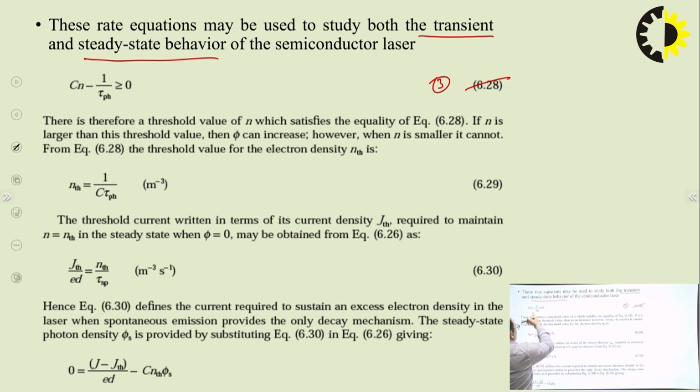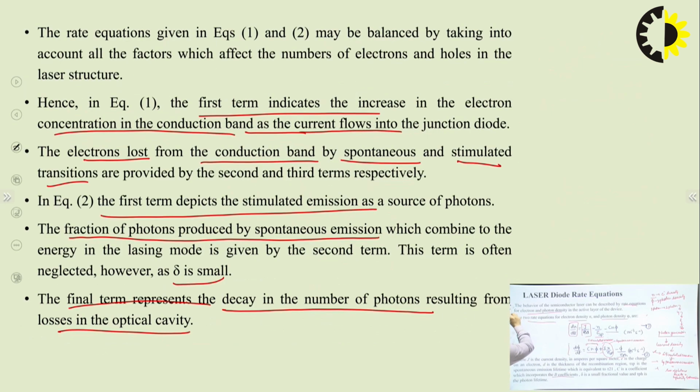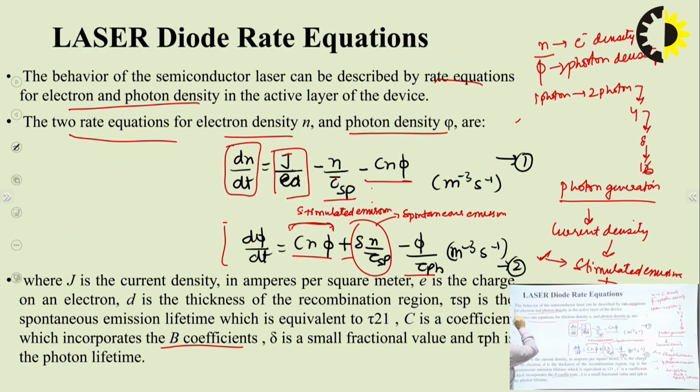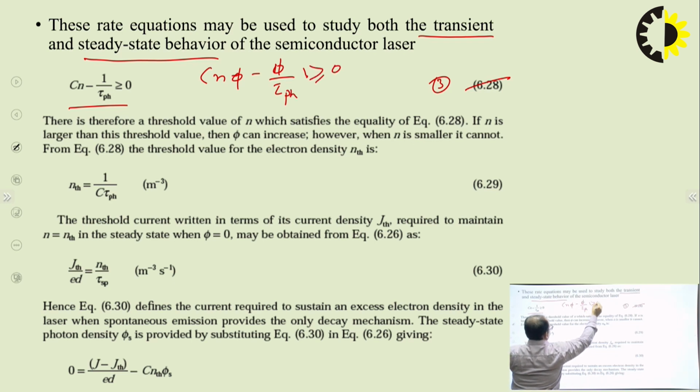Now see, to have a steady state behavior, this dN by dt should be equal to 0. So therefore I can say that Cn phi minus phi upon tau ph should be greater than or equal to 0.